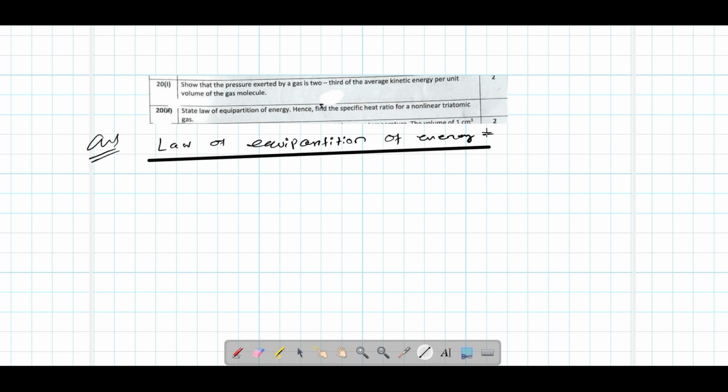So the law of equipartition of energy says that total energy is distributed equally among each of its degrees of freedom.